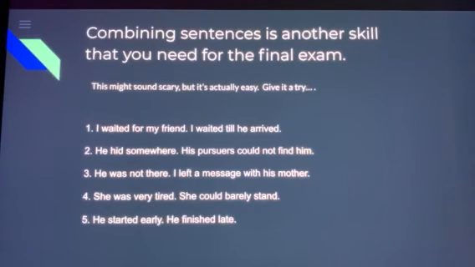He was not there, comma, so I left a message with his mother. That is a perfectly reasonable way to combine these two sentences. However, we are working on adverb clauses. So because of that, we want to say, "Because he was not there," comma, "I left a message with his mother."